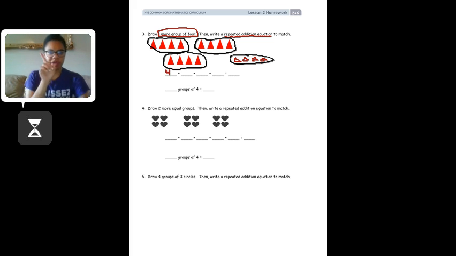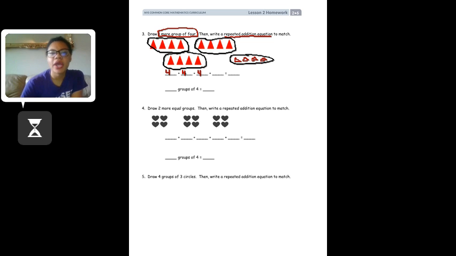Then in my second group, there's 1, 2, 3, 4. So I'm going to put 4 in my second blank. And then I know that there's 1, 2, 3, 4 in my third group. So I'm going to put 4 triangles in the third group on the third blank. And then that one more group that I added earlier is going to fill in my last blank right here.